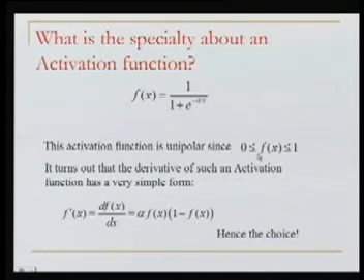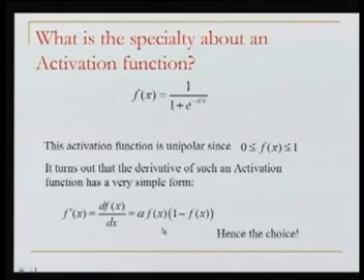But the interesting part is that if I differentiate this function, f'(x), that is df(x) upon dx, equals alpha f(x) into 1 minus f(x). So, the derivative of such an activation function has a very simple form.